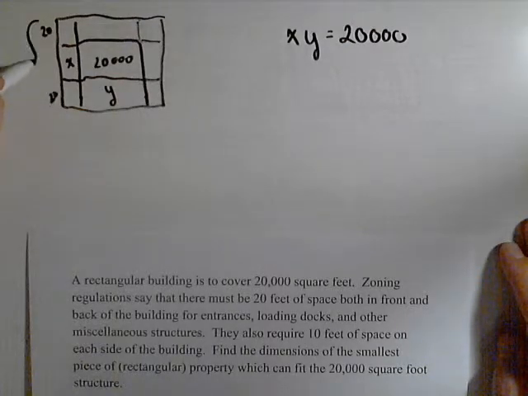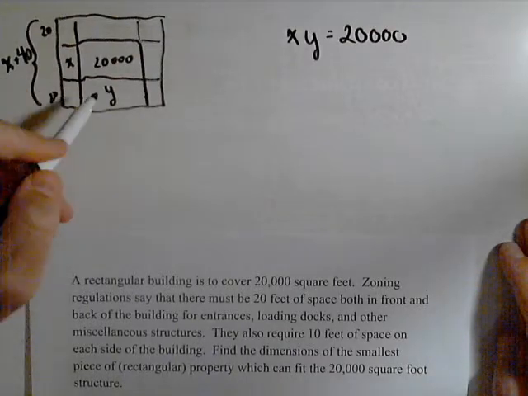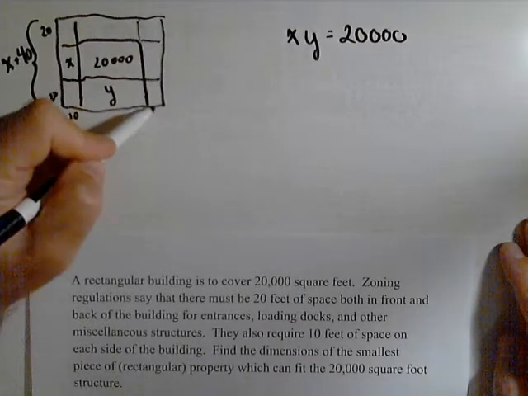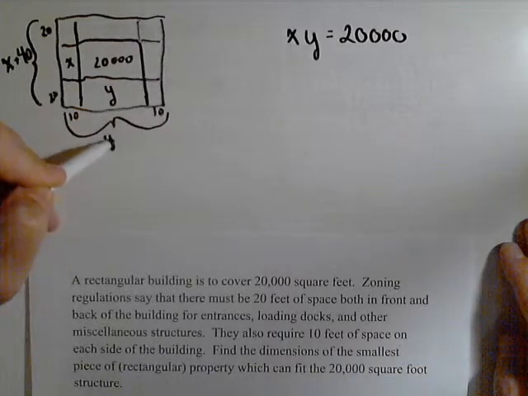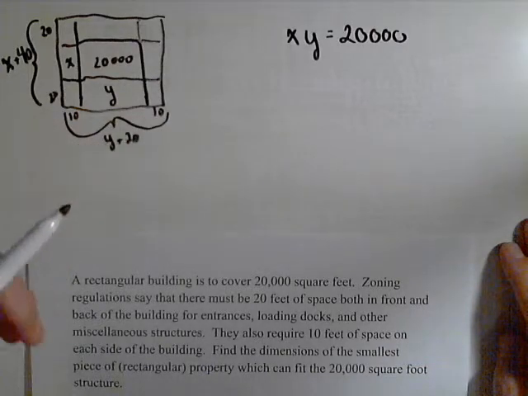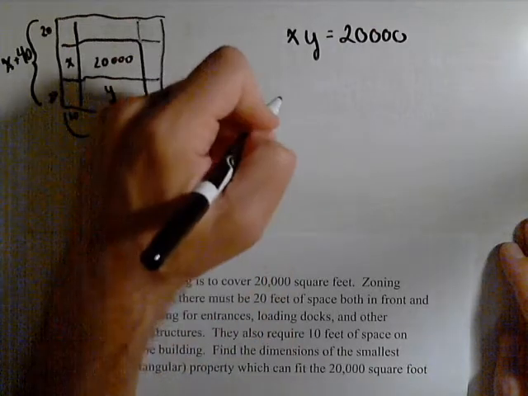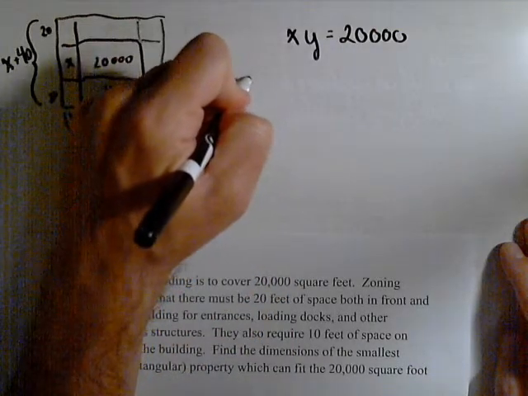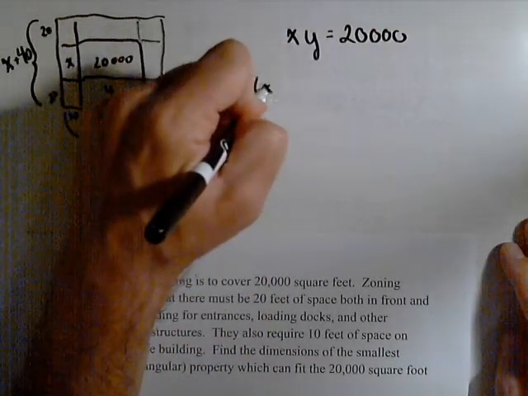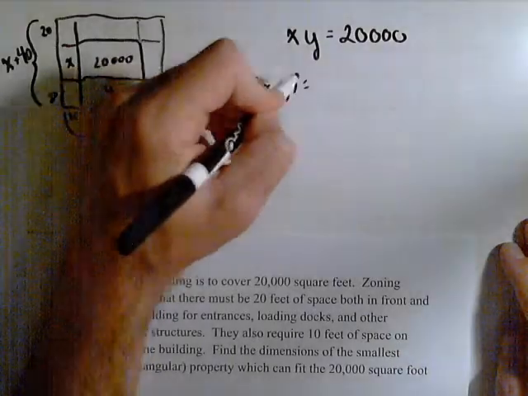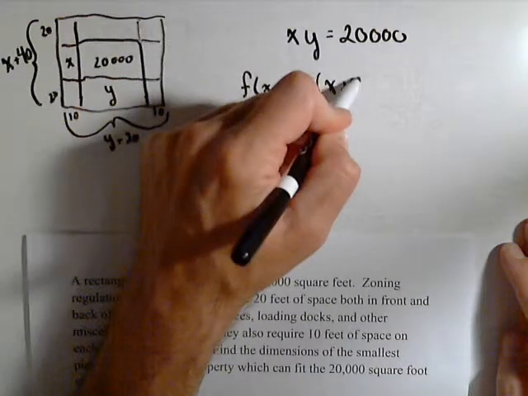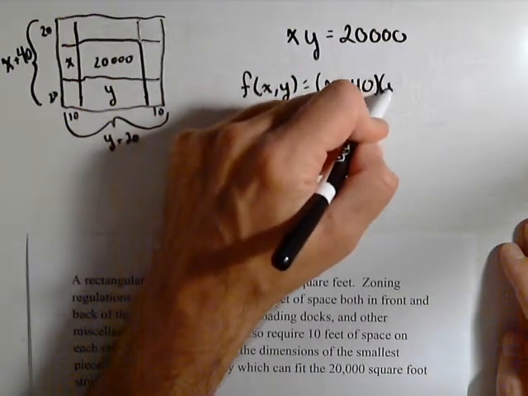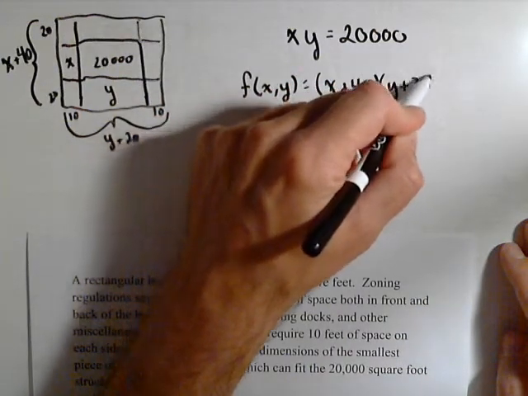So that makes this whole side x plus 40. Similarly, these each had to be 10. That makes this whole side y plus 20. So we've got the function we want to minimize. We'll call it f of x, y. And it's the area of that larger rectangle, so x plus 40 times y plus 20.